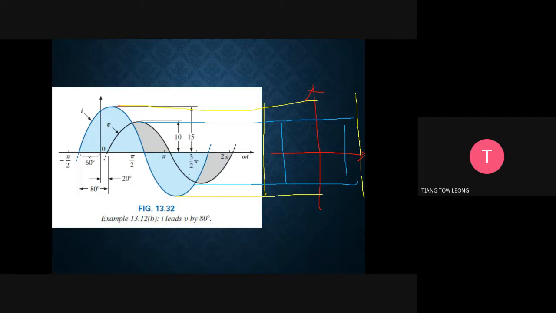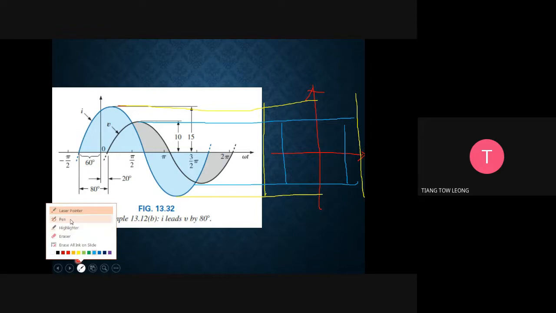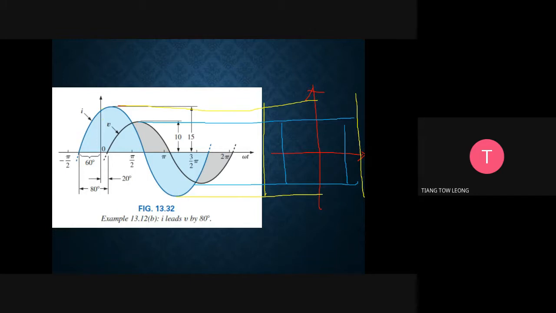So basically a phasor diagram is a circle. Let me draw the yellow first. Have a look at this point. This point is actually reflected as here.